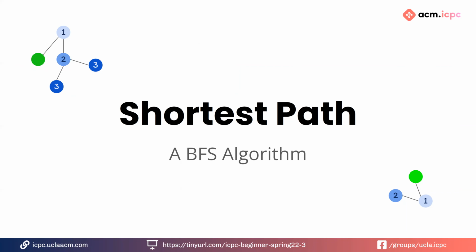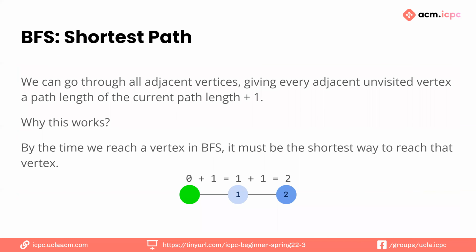All right. Now, how do you do shortest path with BFS? If you want to read the slide, it says we can go through all adjacent vertices, giving every adjacent unvisited vertex path length current path plus 1. Does that make sense? Okay. Cool. So why does that work?